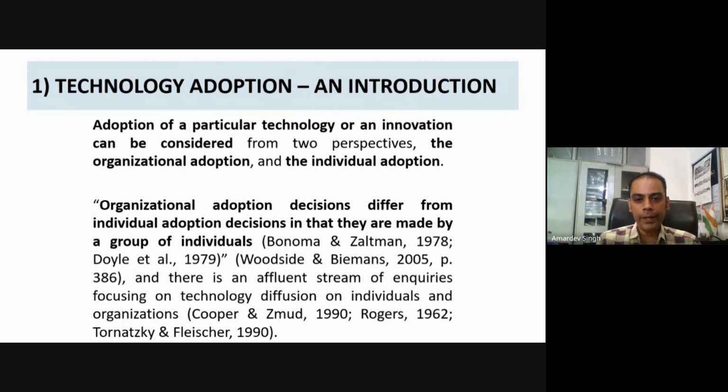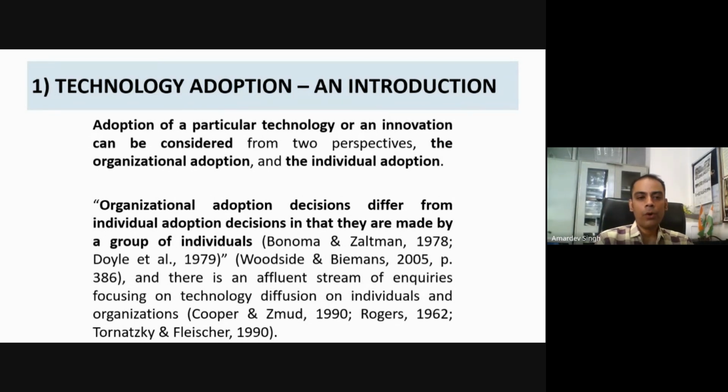It is left to individual choice. Similarly, for a payroll system, someone may use Excel, someone may prefer Tally, someone may prefer some other ERP software. That is individual adoption of a particular technology at the individual level.